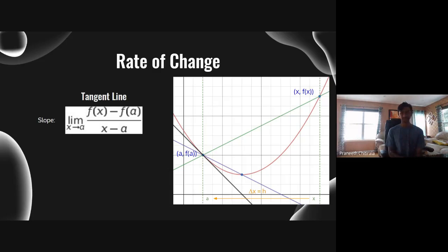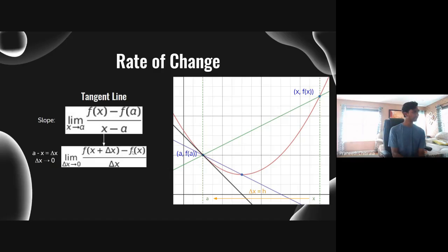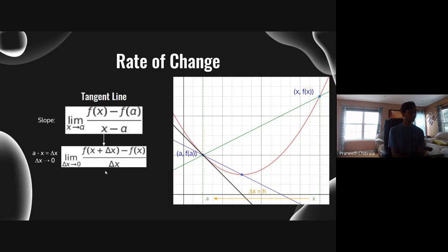And you can represent the tangent line as a secant line that is very close. So let's change the slope a little bit so it's easier to work with. If we set a minus x as the change in x, we could substitute this value here, the change in x, for x minus a, or a minus x actually.